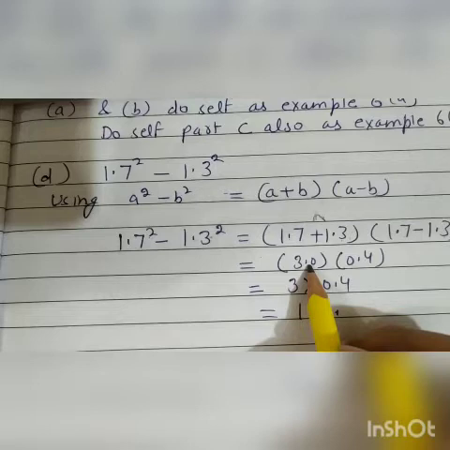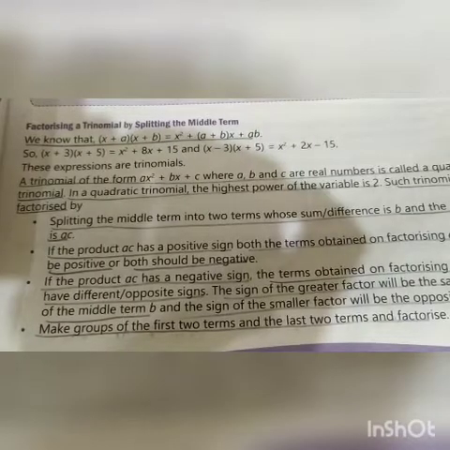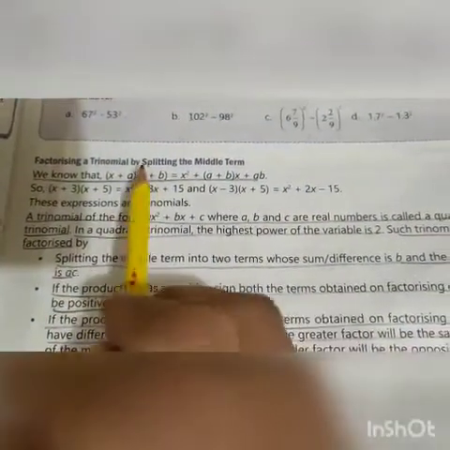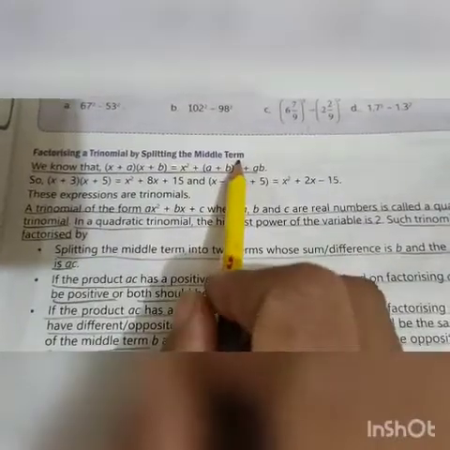So students, we completed up to exercise 6B, and I hope all of you understood very well. In the next class, we start the next method of factorization, that is factorizing a trinomial by splitting the middle term.